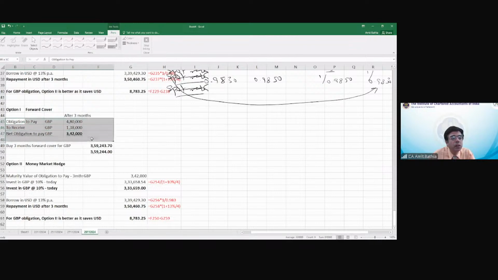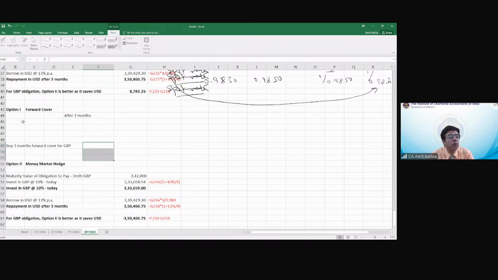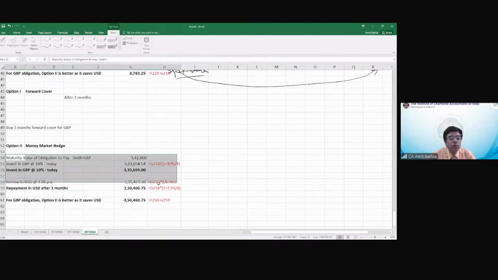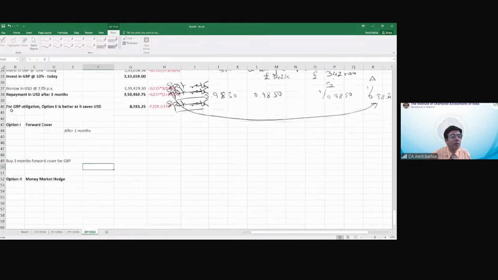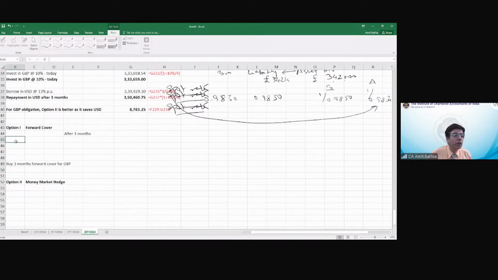Let me change these things over here. First and foremost, forward cover, which is the easiest part. How do we go about doing that? Let's start. What do I have? After 3 months or after 4 months? 4 months, sir. After 4 months.